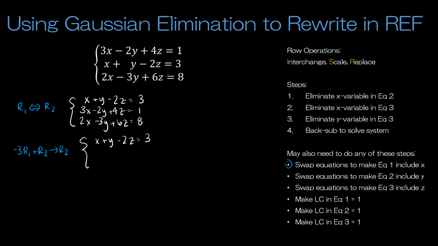My second equation is -3 times x, which is -3x, plus 3x, which is 0x, no x's. -3 times y is -3y, minus 2y is -5y. And -3 times -2z is positive 6z, plus 4z is positive 10z. -3 times positive 3 is -9, plus positive 1 is -8. Nothing happened to row 3.